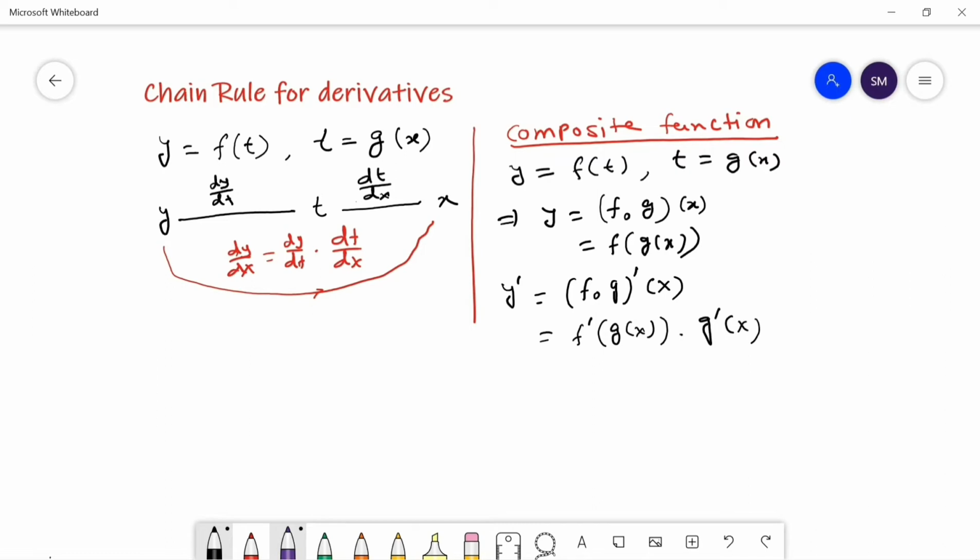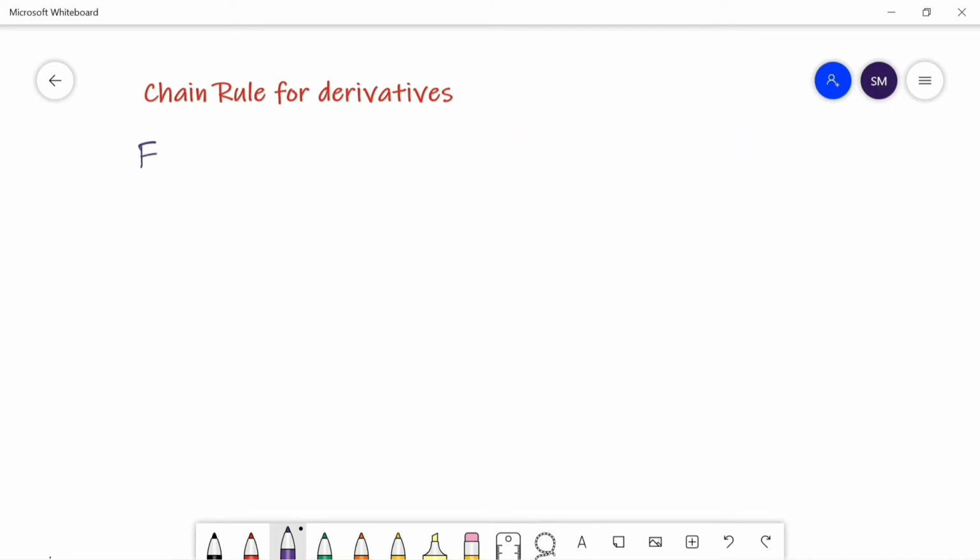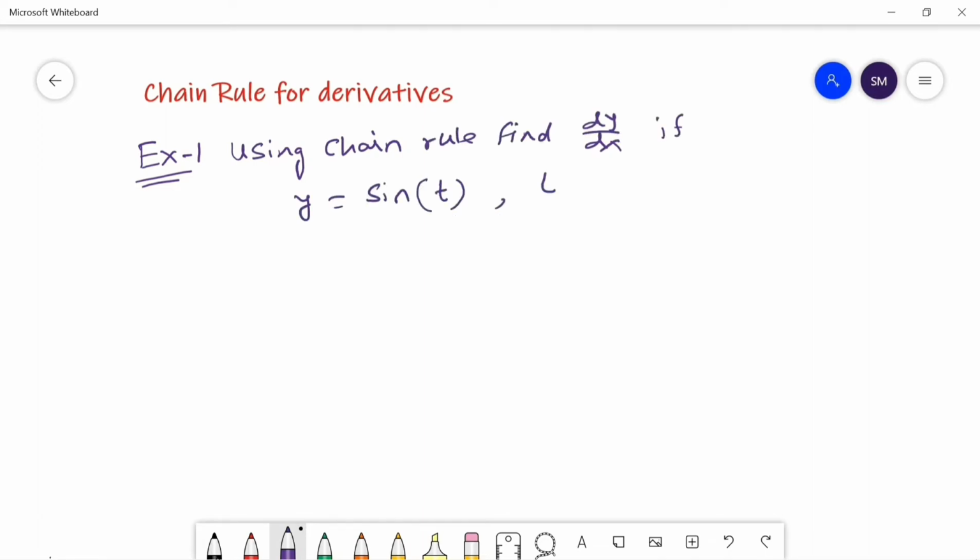Now we'll see examples of the composite function and we'll try to find the derivative using these formulas. It's given that y is equal to sin t and t is equal to 2x.